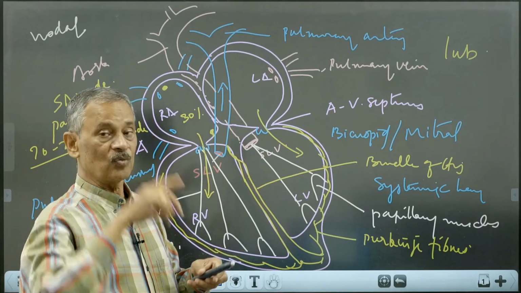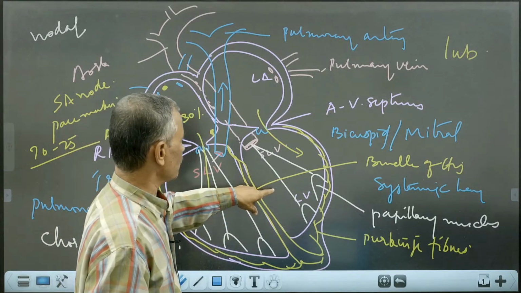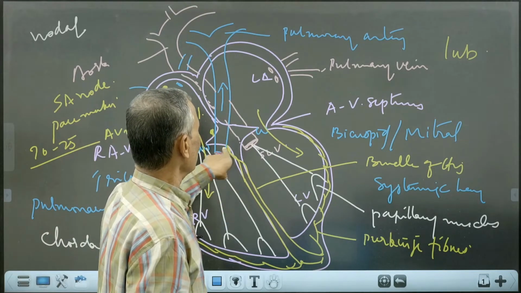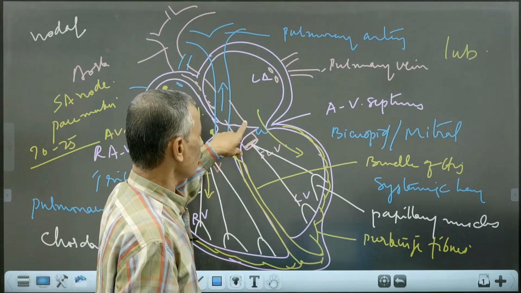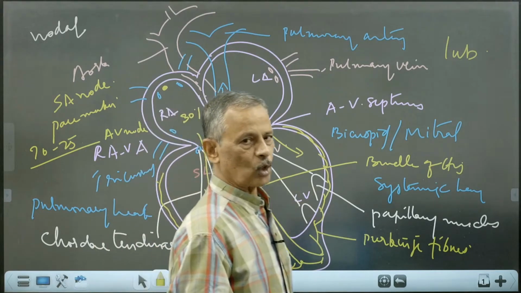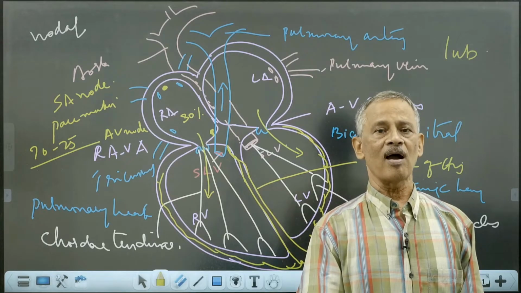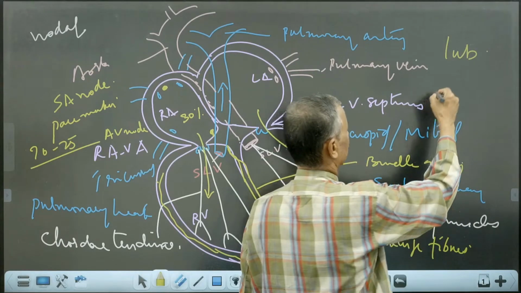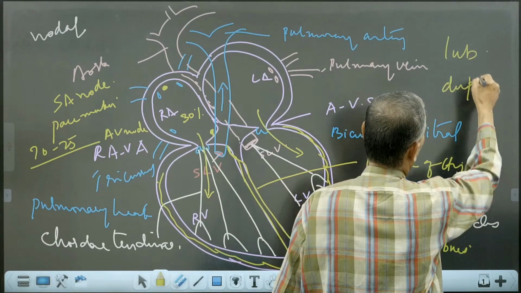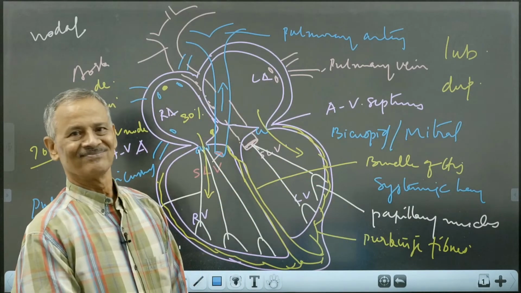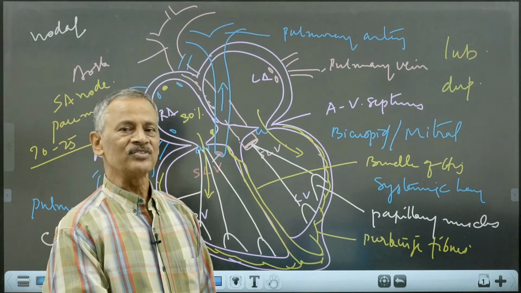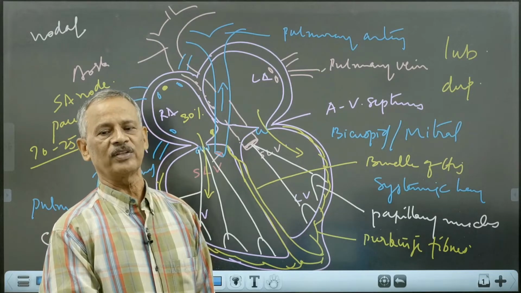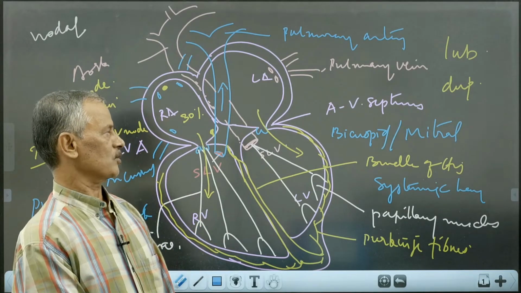And because of the fall in pressure, the semilunar valves, which were open because of the high pressure, are now closed. That closure of the semilunar valves causes the second sound called the dup. Okay, so lup and dup are the two sounds associated with the working of the heart.